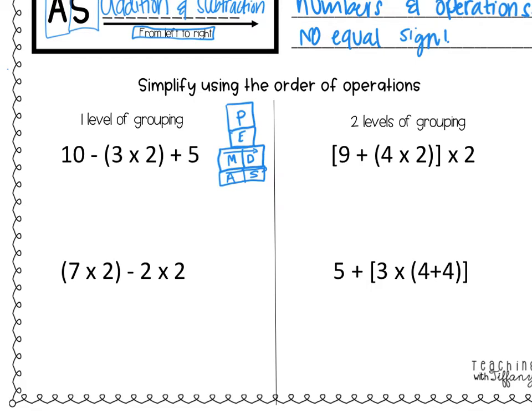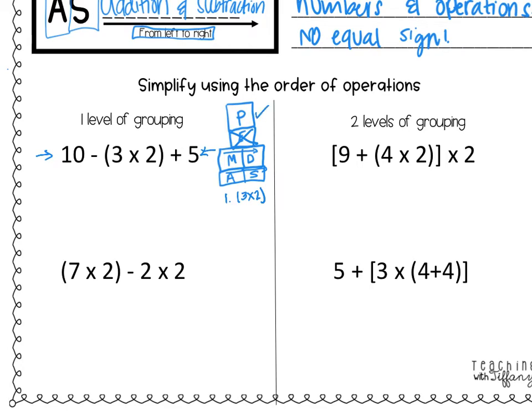So first, our P. We have to solve the P first. So do we have anything in this equation right here that is inside of parentheses or brackets? Yes. So our first step would be to solve what's inside of the parentheses. Okay, so we're going to automatically mark out our exponent because we don't have any exponents to solve.